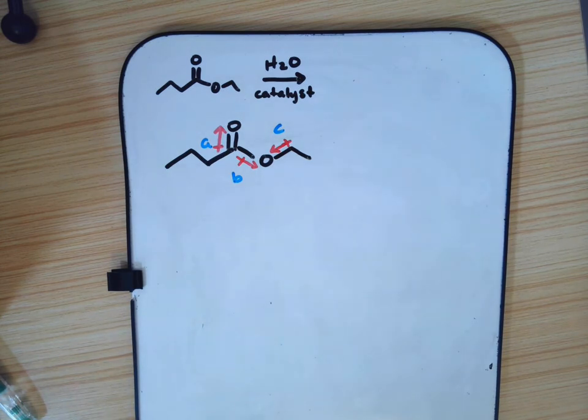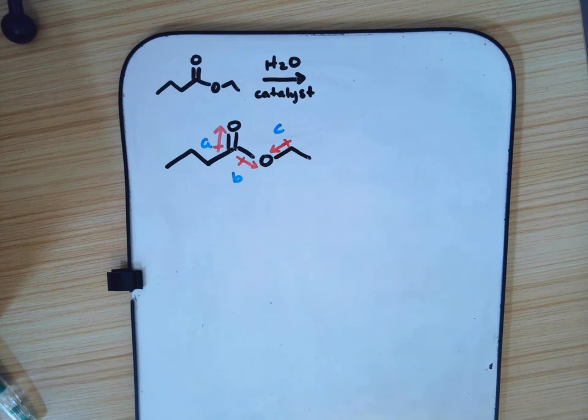Not only do we have A being stronger, we have that carbon-oxygen double bond, but we also have this carbon-oxygen single bond. So the same carbon that was bonded to the oxygen for A, so double bonded to that oxygen, is the same carbon that is single bonded in the bond that is labeled B. This carbon has oxygen atoms on both sides that are trying to take those electrons.